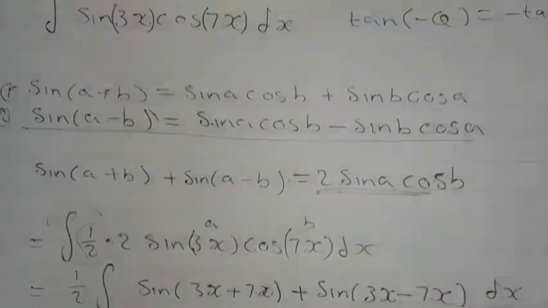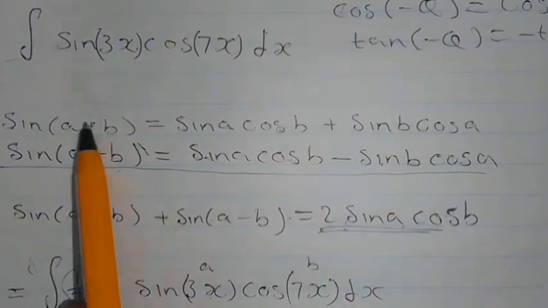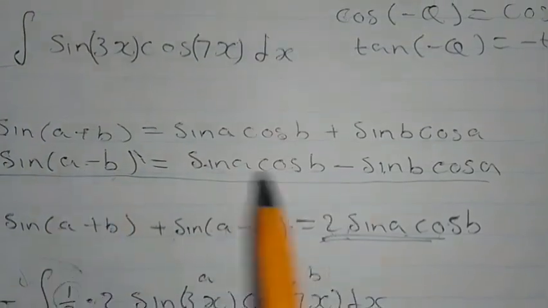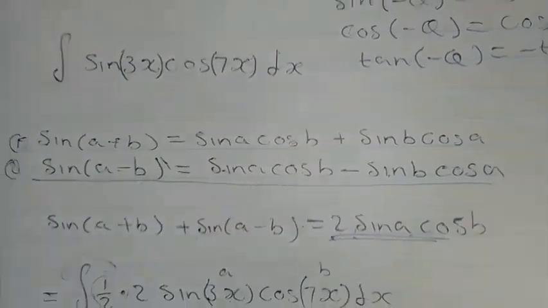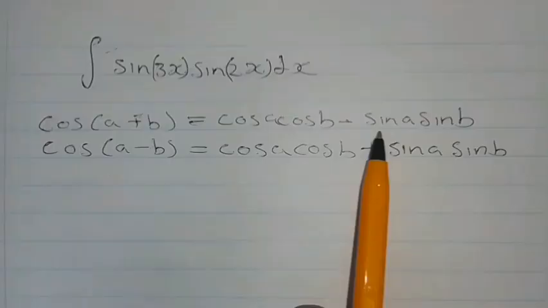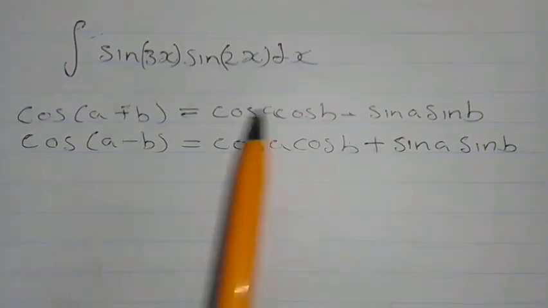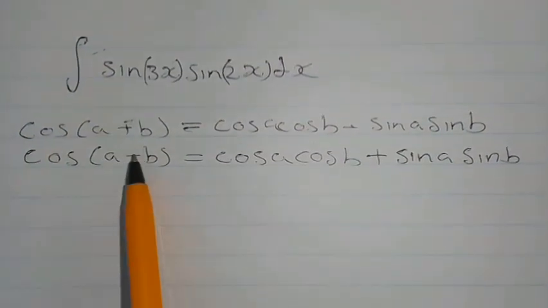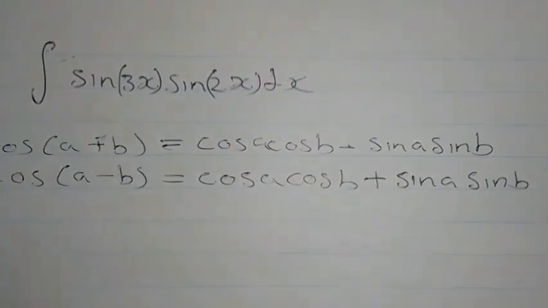But for sine, you have to be careful: the signs stay exactly as they are. For sine the signs stay the same, and for cosine it's the opposite of the sign in between. You can check. So now we are looking for sine.